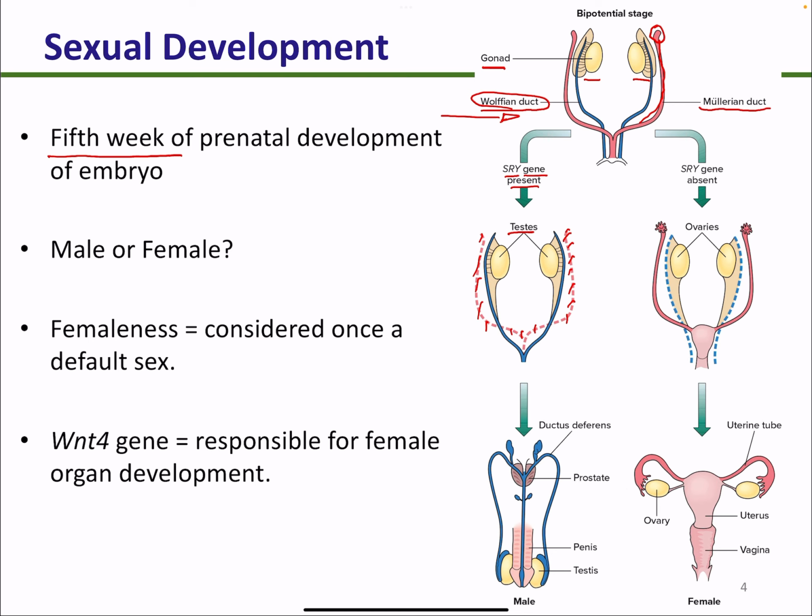Eventually, the Wolffian duct is going to become the vas deferens or ductus deferens, all right? And we're going to have male features that develop with clearly the testes, the penis, the prostate, and everything else that make up male reproductive organs.